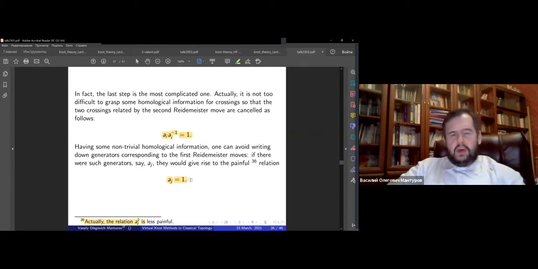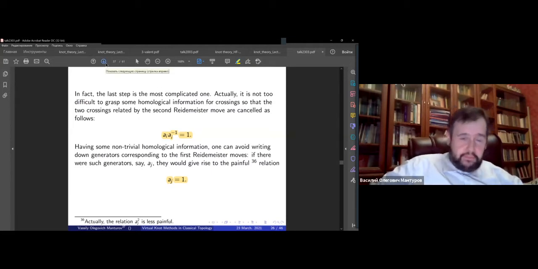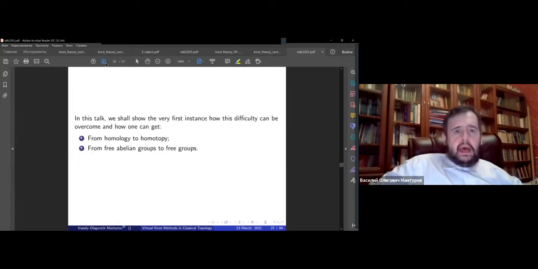I don't want to have it for the first Reidemeister move. I would rather have this relation, which more or less comes from the second Reidemeister move. So, in order to avoid these things, I have to avoid the first Reidemeister move, or maybe cusps, or maybe some vanishing homology classes. So I really want to have something odd. Well, and again, from homology to homotopy, from abelian groups to free groups.